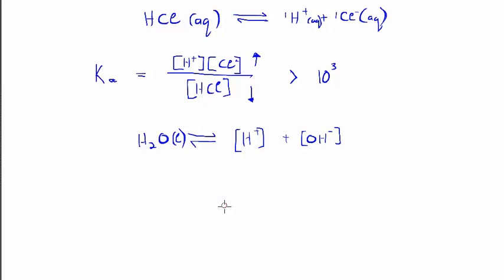So what happens now is that if I go and get its K, since I know it's not an acid, since it donates both protons and hydroxide ions, it's not an acid, it's not a base. It becomes the definition of neutral.